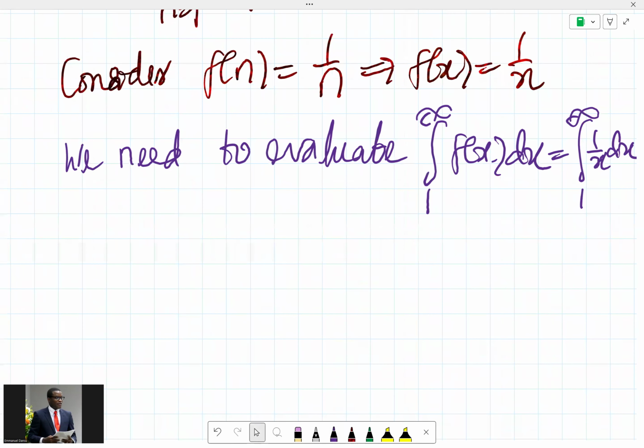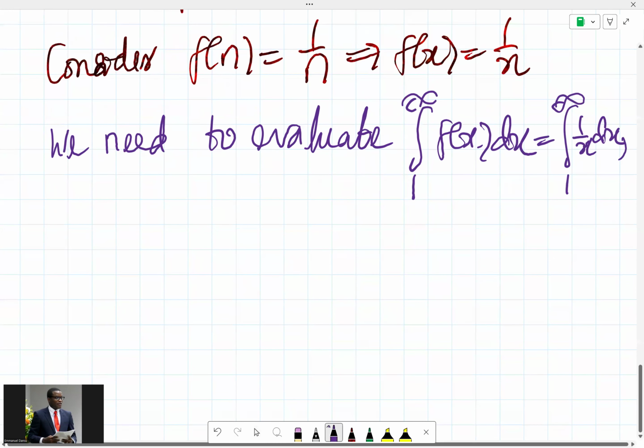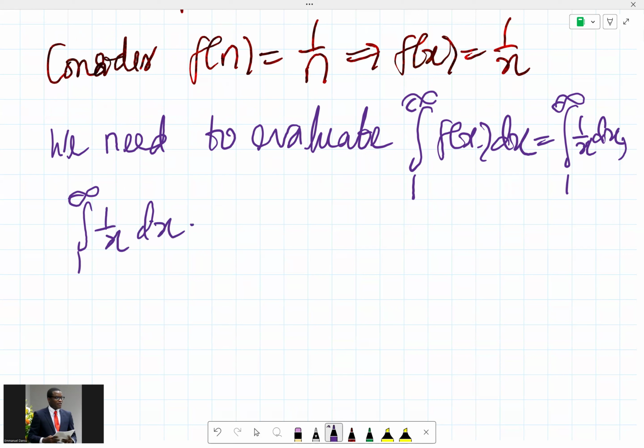We cannot do what we did the other time with this, so we just go straight and say that, from our knowledge of integration, this is simply ln x. So we have ln x from 1 to infinity.